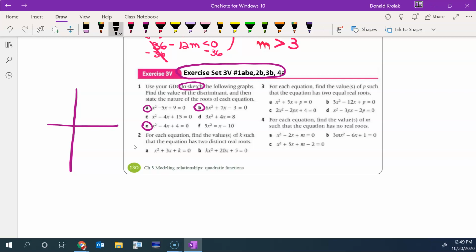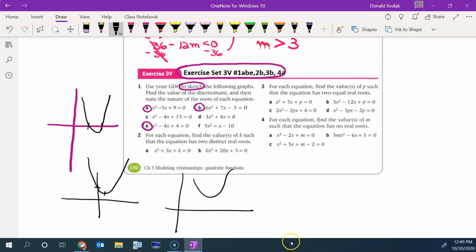Now, when you draw these, if it's got x-intercepts, show what they are. It can't be just a drawing without any numbers on it. If your parabola doesn't even cross the x-axis, make sure you're indicating what these numbers are. If you turn in a drawing like that, it's not going to count.